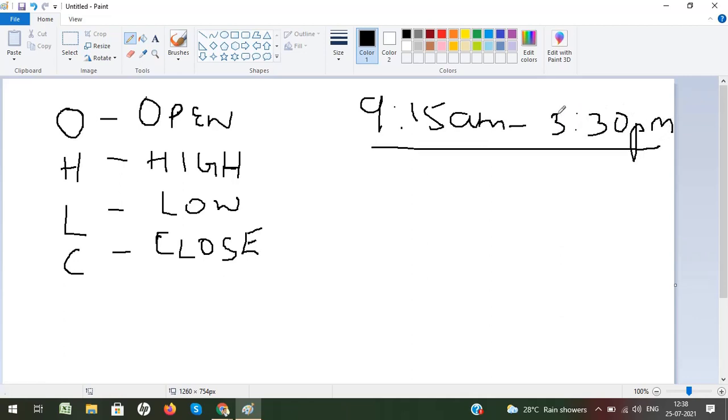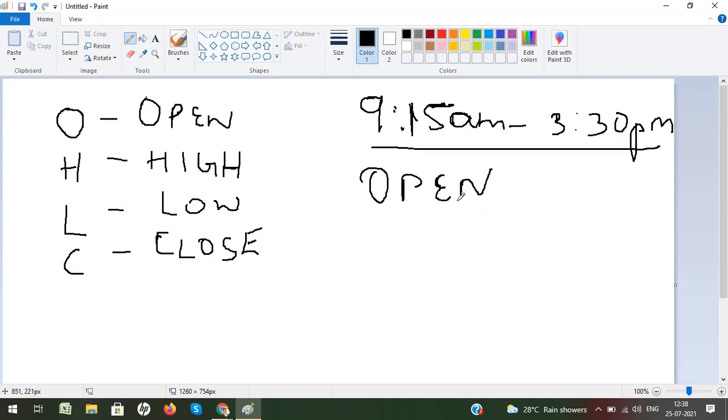The price at which a particular stock opens at 9:15 a.m. is the first price that gets printed on the chart. That is referred to as the open price.